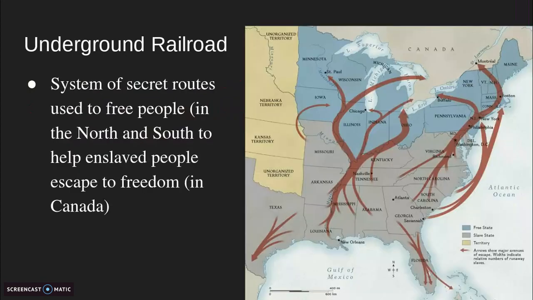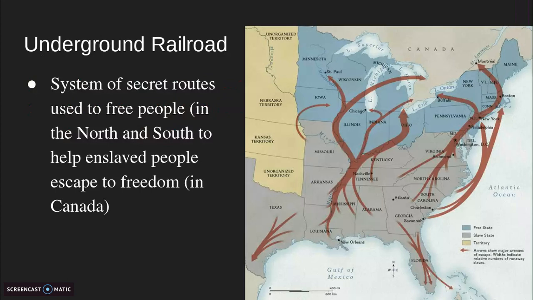And so there was a system called the Underground Railroad, which was a system of secret routes used by free people to help enslaved people escape to freedom in Canada.